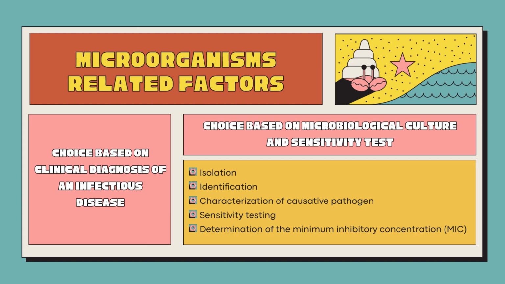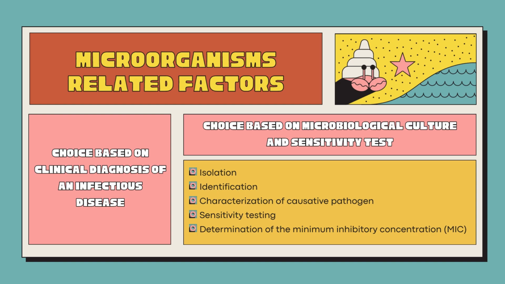In microorganism related factors, successful chemotherapy demands a specific diagnosis, but in field conditions, it may not always be possible. In general, the choice of antimicrobial agents is determined by the choice based on clinical diagnosis of an infectious disease and also the choice based on microbiological culture and sensitivity tests.